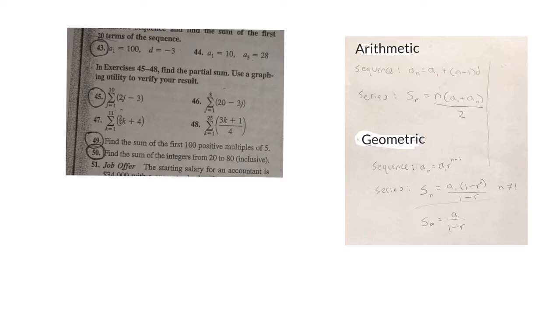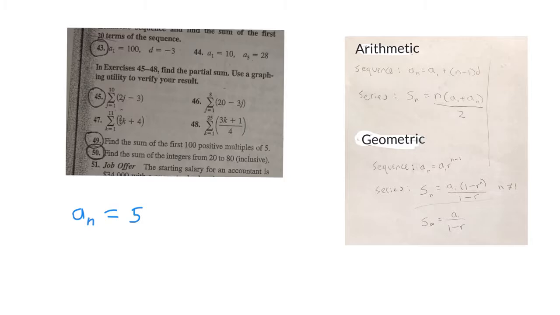Okay, now here's how that might work. That might work by writing a sub n, because that's this formula for a sequence. A sub n equals the first term. Well, the first term would be the first positive multiple of 5. The first positive multiple of 5 is 5. All right, and it's not 0, right? It's 5, because 0 is neither positive nor negative.